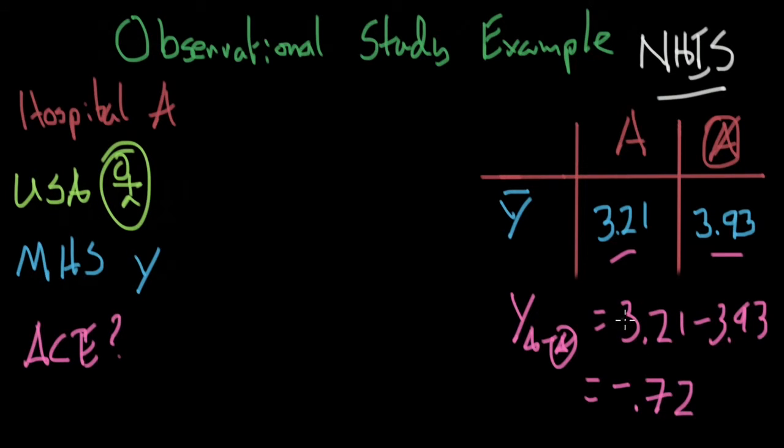They're really sick. And so if you're really sick, you're obviously going to have a worse health outcome. And the people that didn't go to the hospital were probably the people that didn't need it. So in this case, we're not looking at causation. We're looking at association. So this is a perfect example of where causation does not equal association.